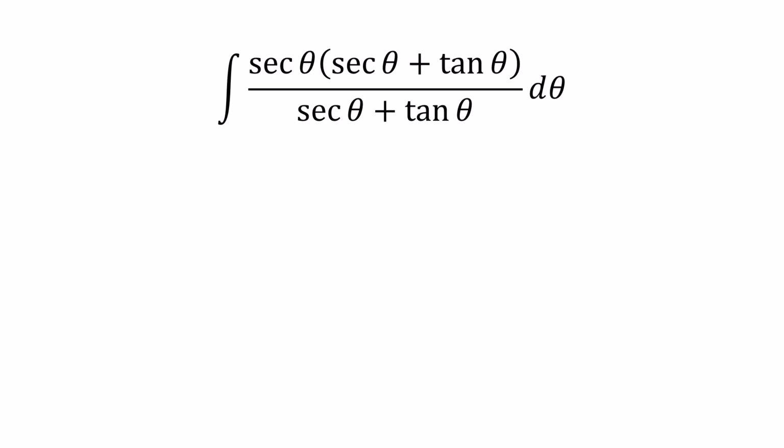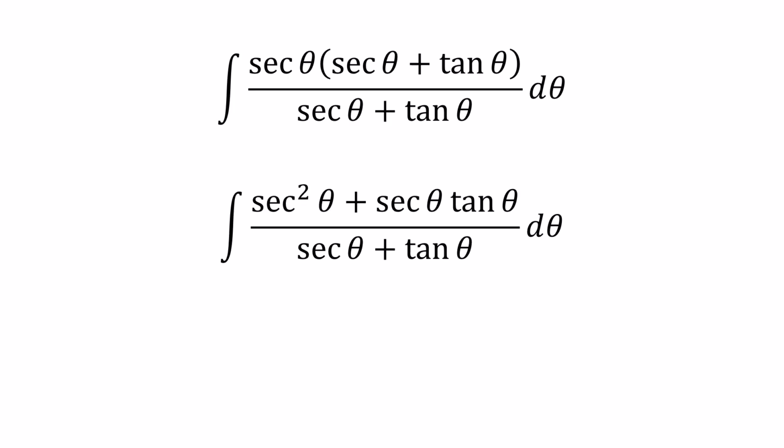Distributing secant of theta, we get the integral of secant squared of theta plus secant of theta tangent of theta, all over secant of theta plus tangent of theta d theta.